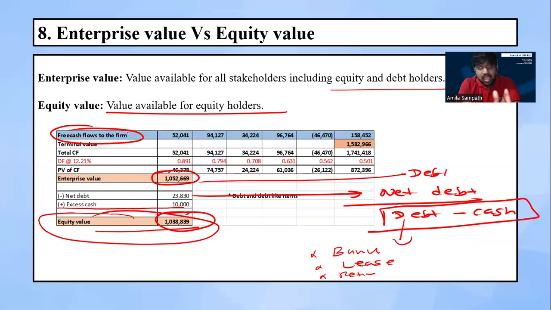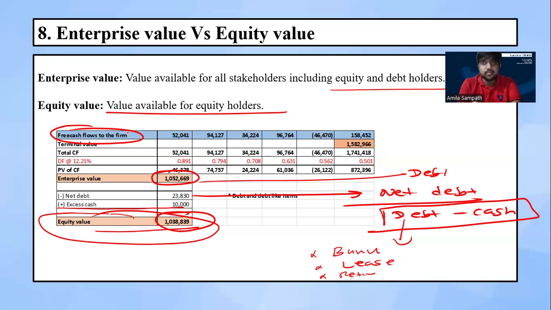Next I will discuss free cash flow to the equity, and how we can derive the business value based on it. But that is not the more popular or practical way to derive the business value. Practically we normally use the free cash flow to the firm, but there are exceptional cases where we can use the free cash flow to the equity to derive the business value.